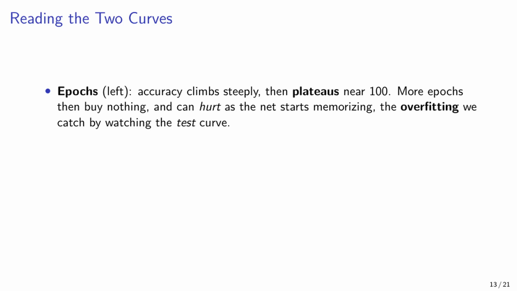Accuracy climbs steeply for the first 50 epochs or so, then plateaus near 100. After that, more epochs buy nothing, and on harder problems, they can actually hurt as the network starts memorizing the training set. That is overfitting, and we catch it by watching the test curve, not the training curve.